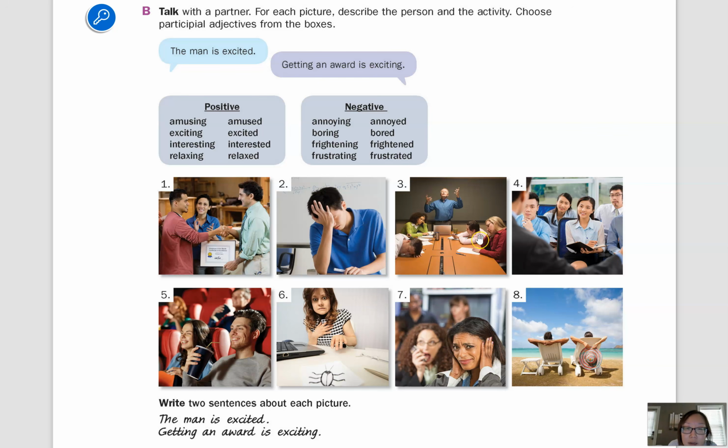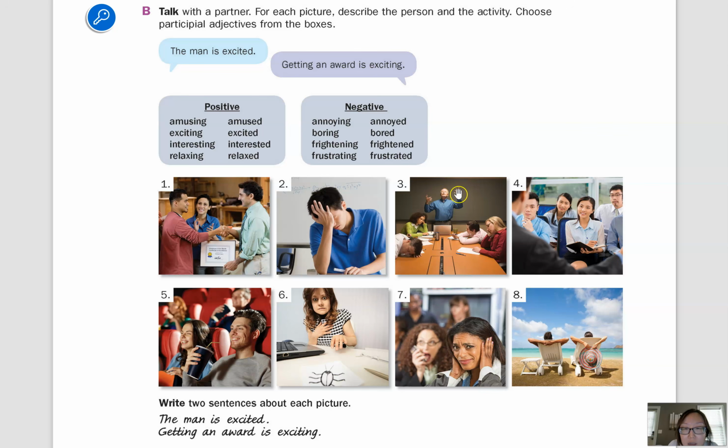Okay, and then let's look at number 3. We can say the lecture is boring. Or you can also say the class is boring or the teacher is boring. Now, you might say, oh, the teacher is a person. Why do we use ing? But in this case, we're not talking about the teacher's feelings.